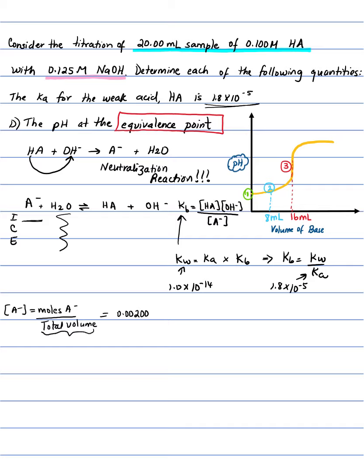you can calculate. You're starting this reaction with 20 milliliters of the acid, and to reach the equivalence point, which is where we are right now, you need to add 16 milliliters of sodium hydroxide. That's the first thing that we calculated. How many milliliters of sodium hydroxide with a concentration of 0.125 you need to reach the equivalence point. And we calculated that as a 16. Okay?